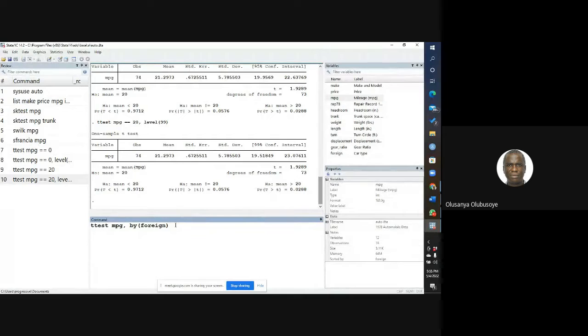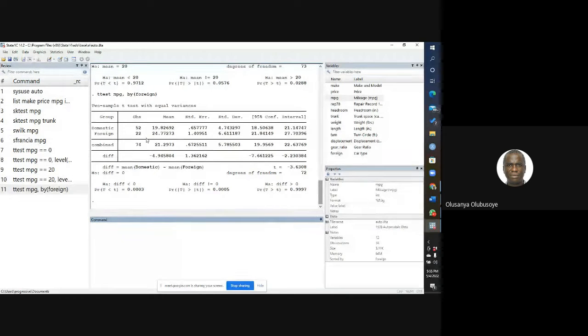So the grouping variable here is foreign. If you test here now, you can see in the domestic, there are 52 values of MPG. In the foreign, there are 22 values of MPG. And of course, the combined number of observations is 74.